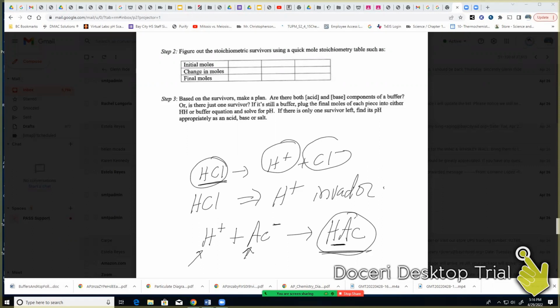Because remember, if this ionizes, a bunch of water molecules come around it. That's what we talk about when something goes into solution. They have to orient themselves. This is my negative ion, so I have to have my positive hydrogen this way. If this is my positive, I have to have my negative oxygen this way.